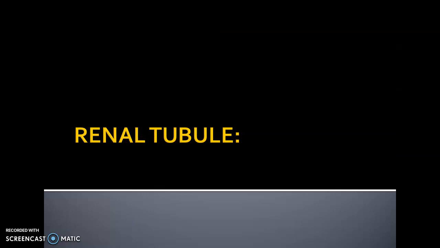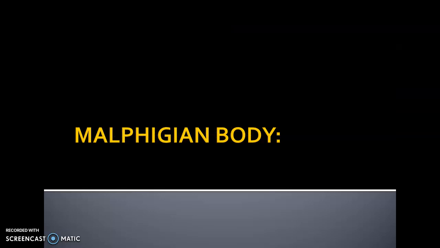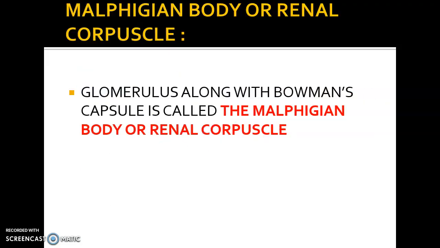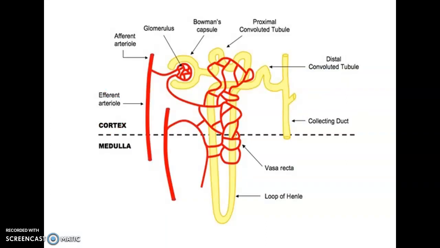Now let's have a look at the second part of your nephron, that is the renal tubule. The renal tubule begins with a double-walled cup-like structure called Bowman's capsule, and the Bowman's capsule encloses the glomerulus. If we have a look here, the structure that you see immediately around the glomerulus is the Bowman's capsule.